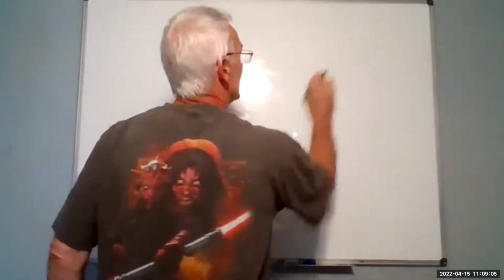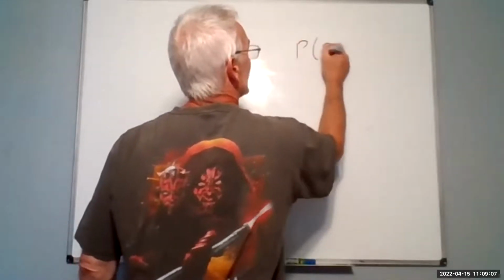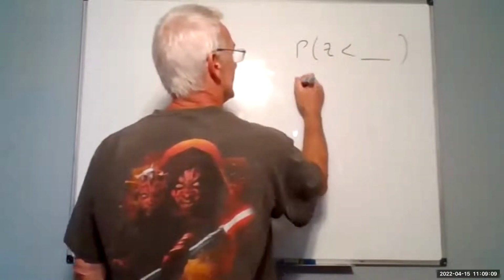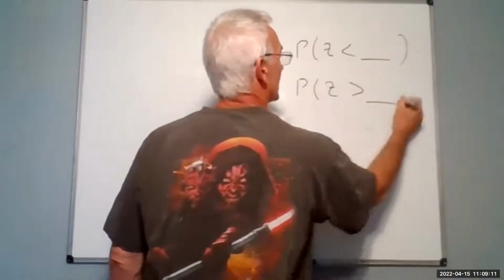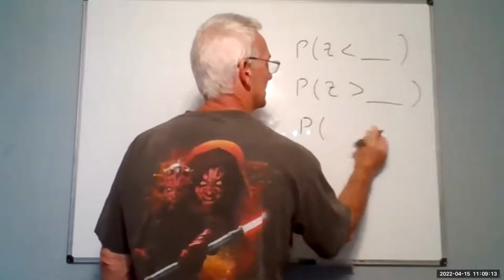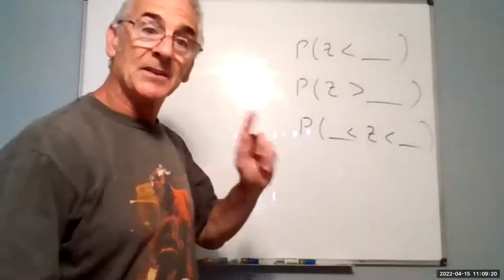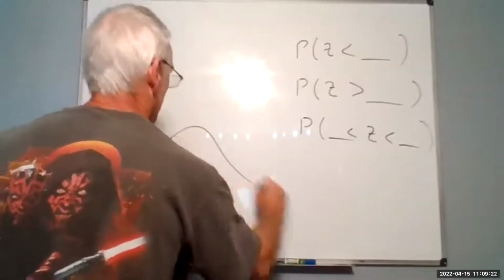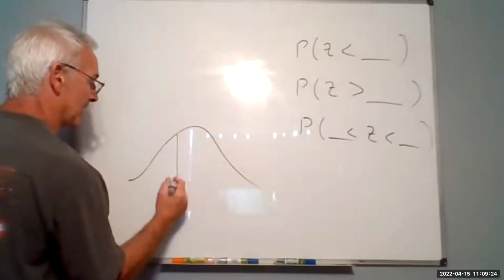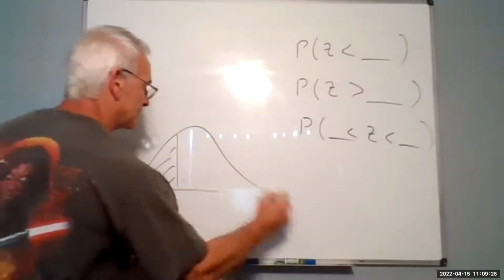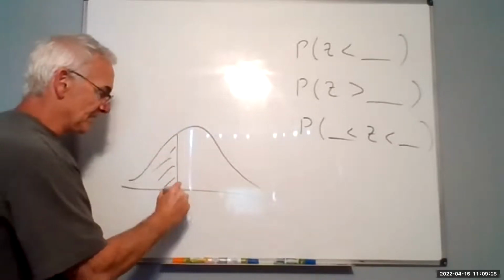Again, there's only 3 questions. The probability that Z is smaller than a number, the probability that Z is bigger than a number, or the probability that Z is between 2 numbers. In the first case, I look up this probability in the table.